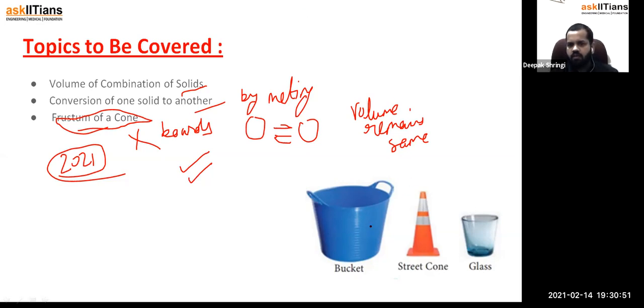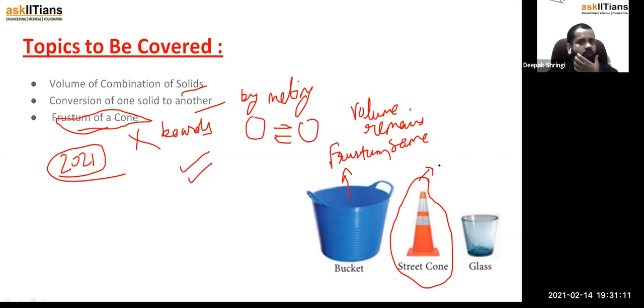There are some solids like your bucket, which is basically a frustum of a cone. A street cone, which is used as a barrier on roads, is basically a cone.